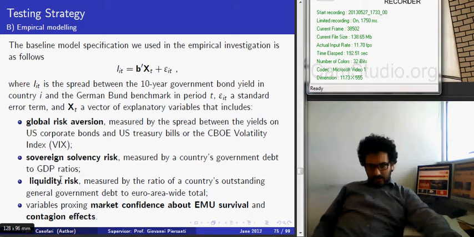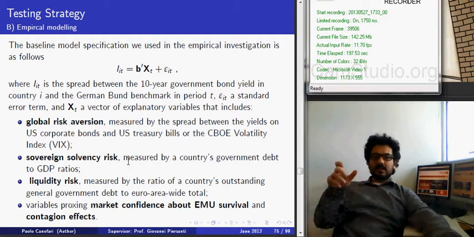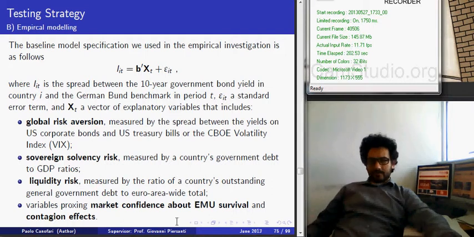Also, liquidity risk and solvency risk are considered in difference with respect to the benchmark country, Germany. After assessing, in the second stage, the relevance of the euro breakup risk, we have analyzed the phenomenon of contagion from Greece to other peripheral European countries.